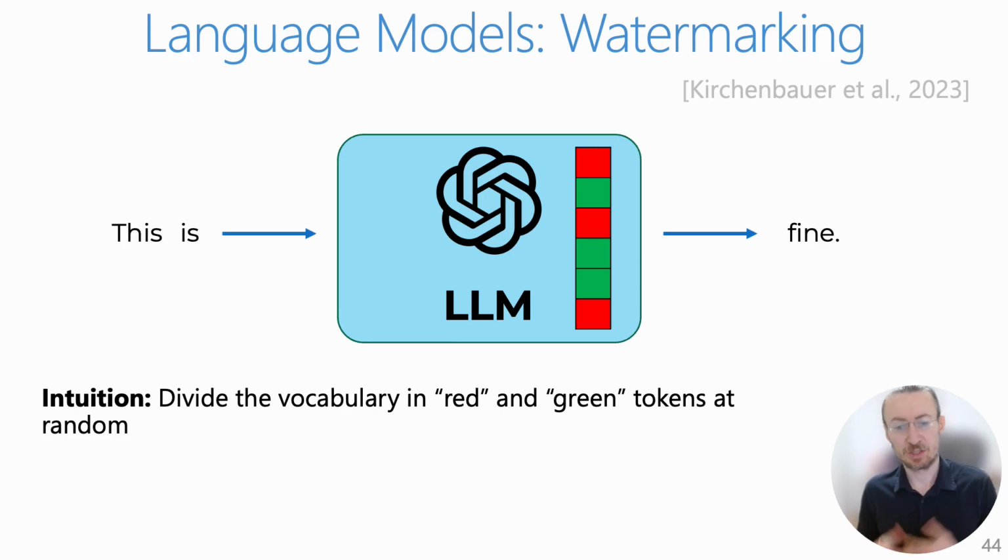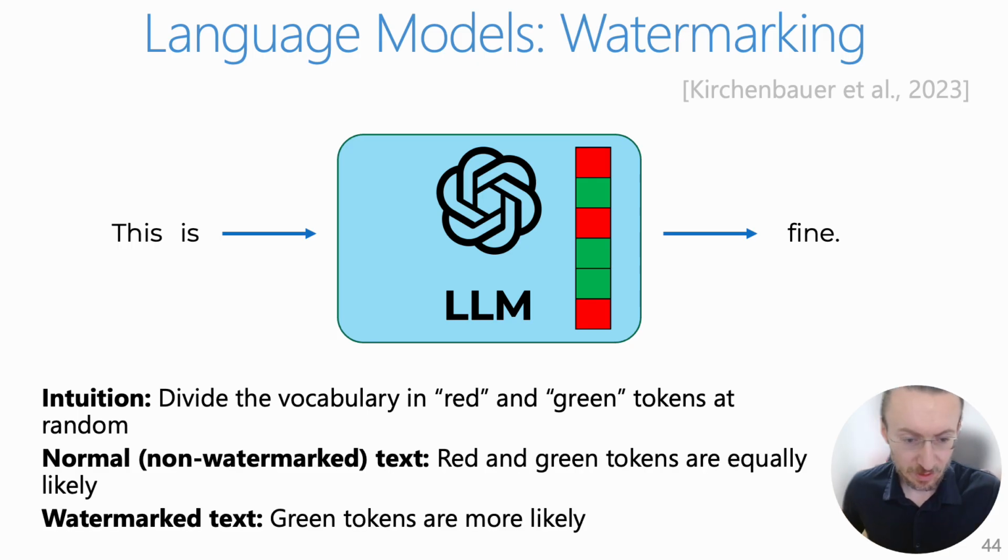Now, for the generation, what we really want is to generate only the green tokens. For normal non-watermarked text, the number of red and green tokens in the generated content is equally likely. The same goes if you change from the generated content to natural content, for example, to my text.